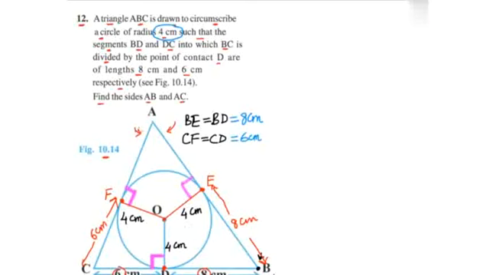Now our objective is to find the total length of AB and the total length of AC. AB is made up of two parts, AE and BE. The length of BE is known to us, it is 8 centimeters, but we don't know the length of AE. Similarly, AC has two parts, AF and FC, and the length of FC is known, 6 centimeters, but the length of AF is not known.